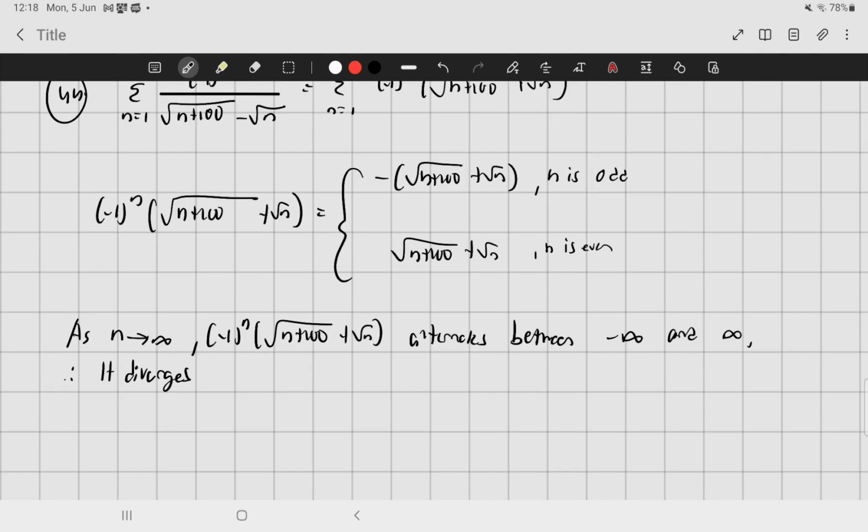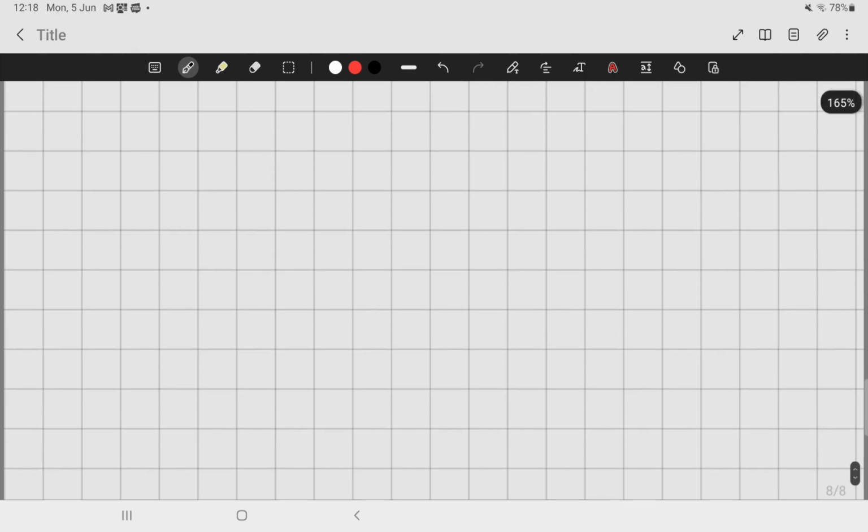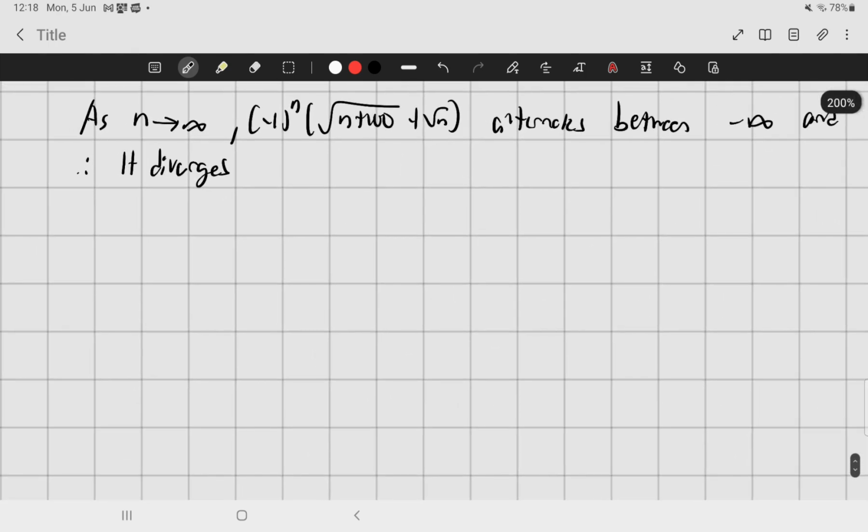All right, so let's go to a new section, which is power series. Is there any other question where it's going to be series?